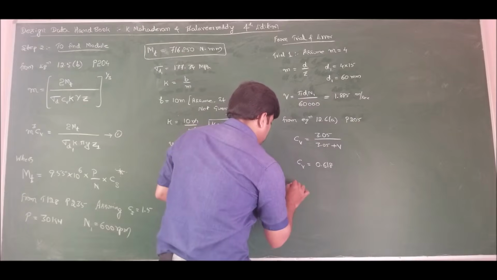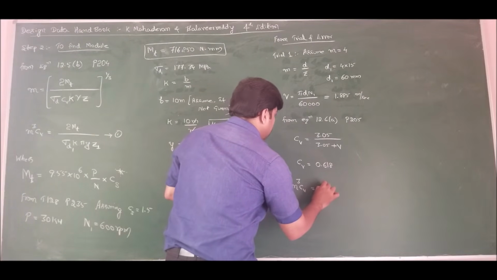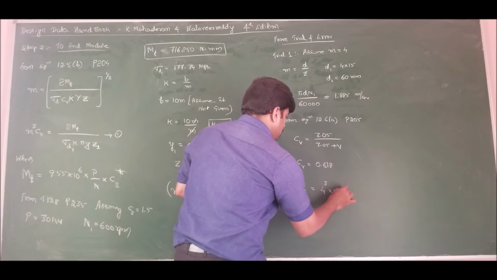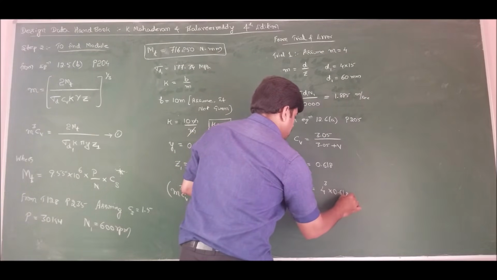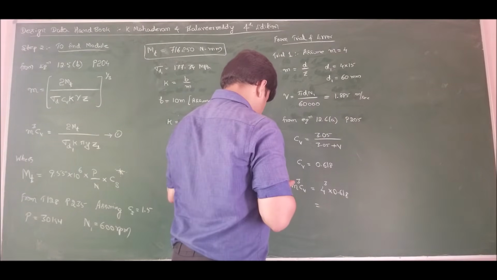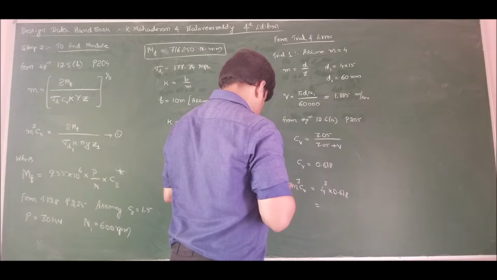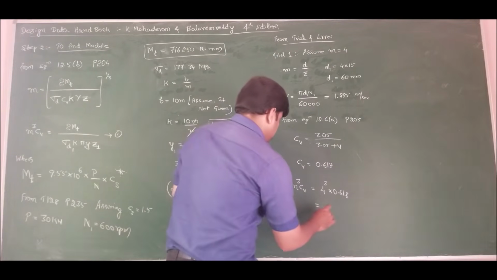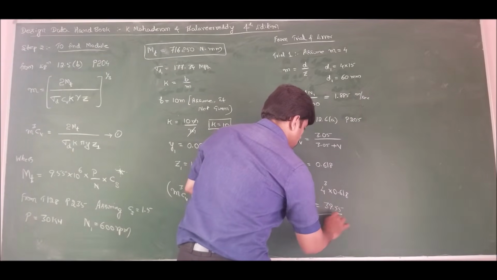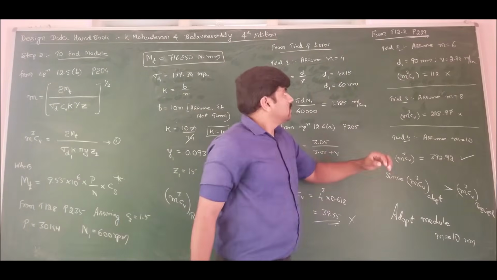So m cube CV, with 4 mm as the module I have assumed, 4 cube into 0.618 yields us 39.55, which is very much less than the required value.